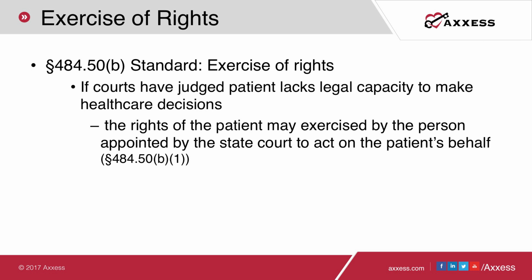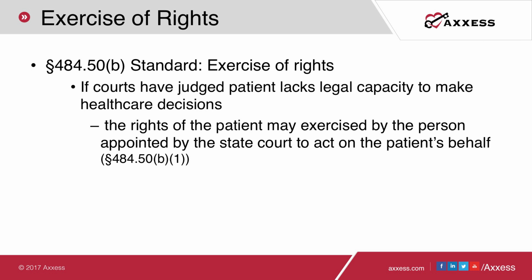the patient's behalf. All right, so what this says in the overview here is if the courts have judged the patient lacks legal capacity to make healthcare decisions, then the rights of the patients can be exercised by the person appointed by the state court to act on the patient's behalf. So again, we're looking at coordination of care. The agency is going to need to know what the court order states, and they would need to follow those orders.